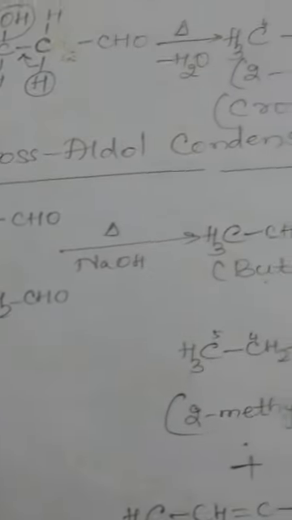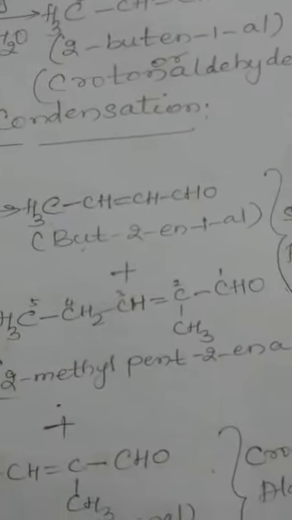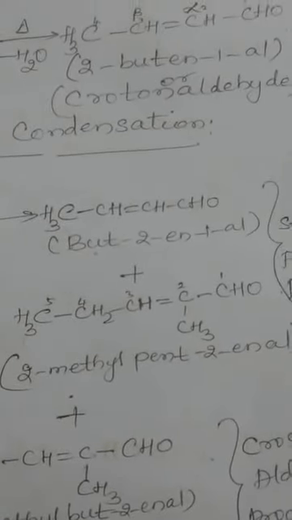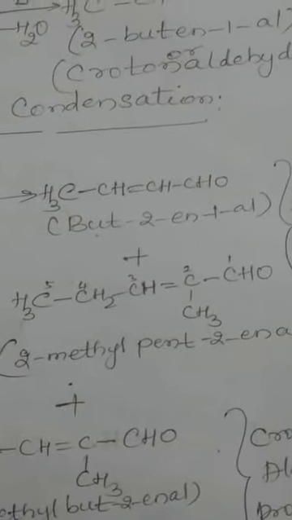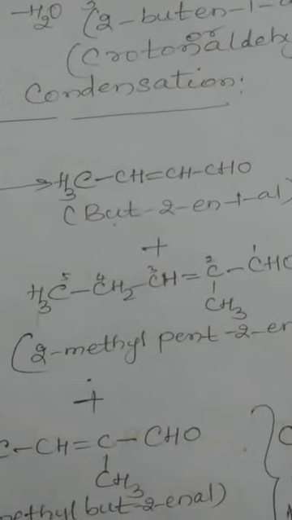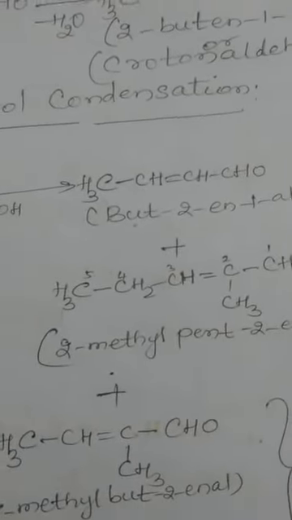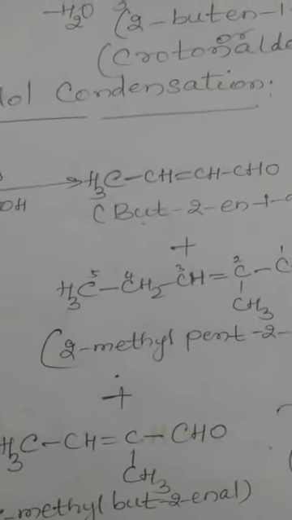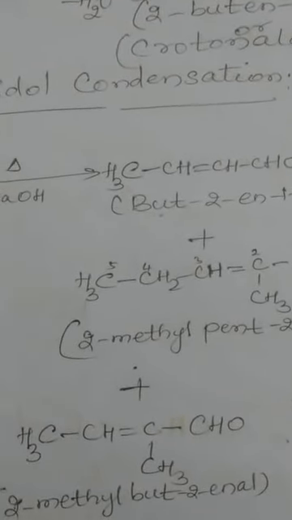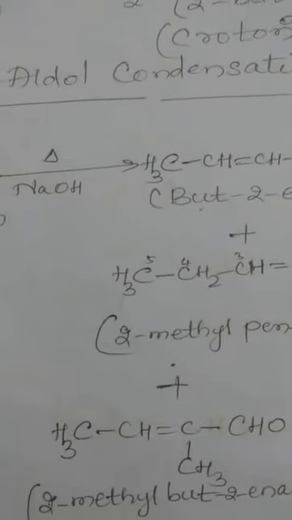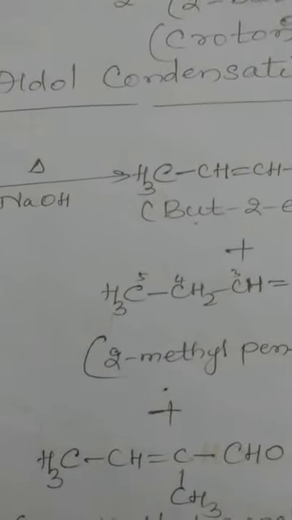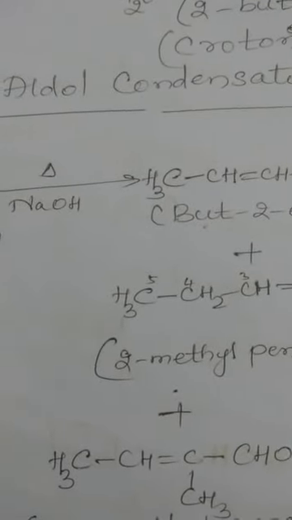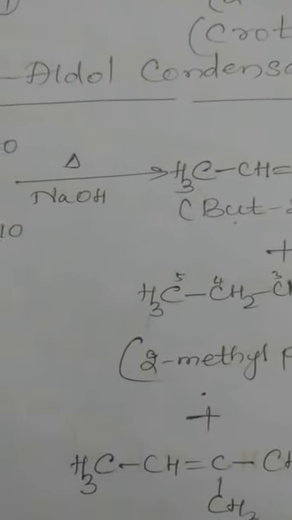So you will get four different products. The reaction should be written in the same pattern as for aldol condensation. Once aldol condensation becomes clear, the formation of products in cross-aldol condensation also becomes easier. So the last set of reactions are reduction reactions, about which I will discuss in the next class. Hope the reactions discussed till here you have understood.